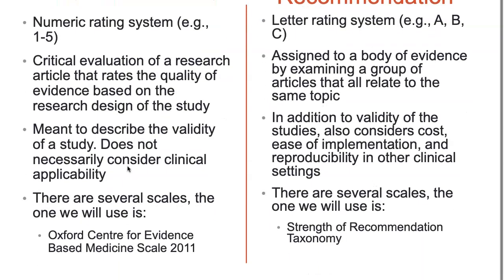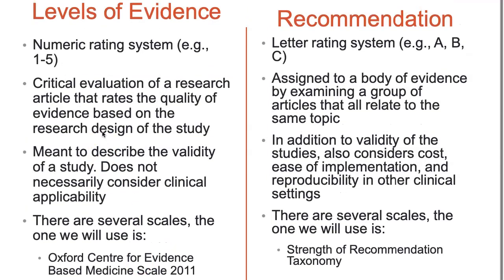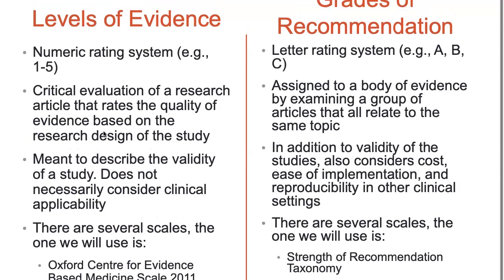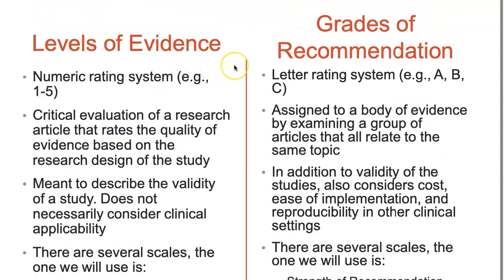For this work, there are different scales for levels of evidence. We're going to use the Oxford Center for Evidence-Based Medicine scale, which I have in the class, and we'll be looking at it on the screen in just a little bit. Whereas the grades of recommendation are a letter grading, A, B, C, and we assign these grades to the entire group of articles that you're going to use for your CAT paper.